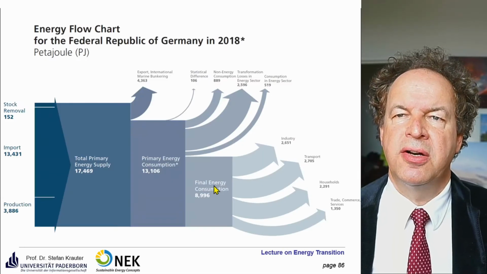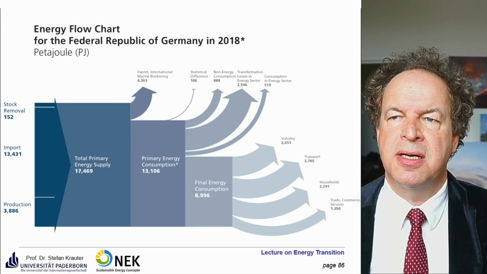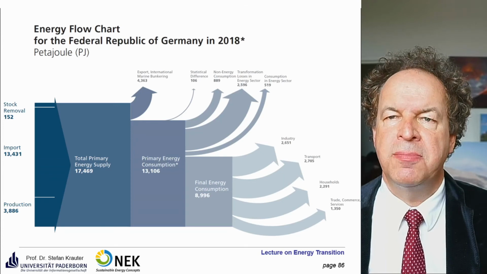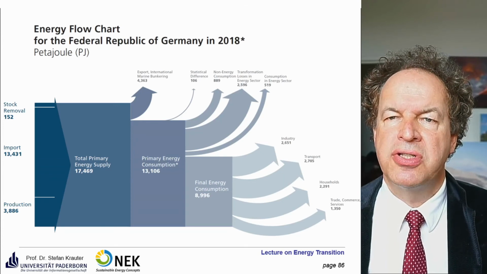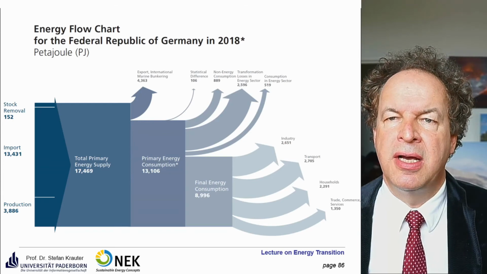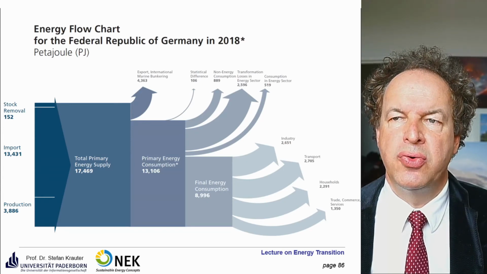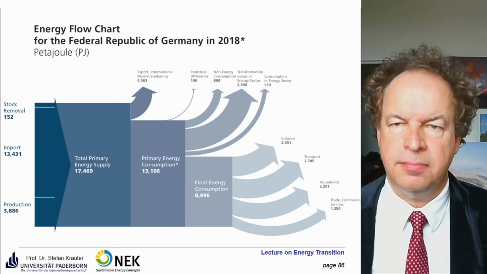So what you see here is the energy flow chart of Germany, not only electricity, but all types of energy. You see that most of the energy is imported, on the left part, the import. This is 13,431 petajoule. A petajoule is a joule times 10 to the power of 15.